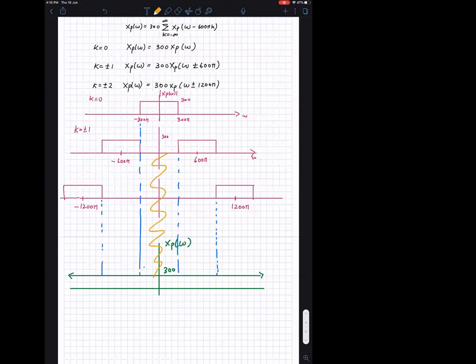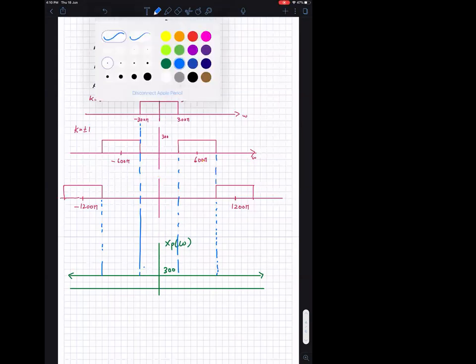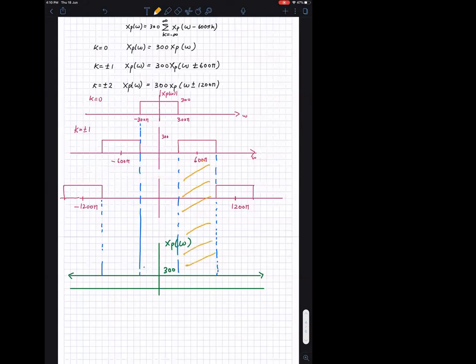The next one here is also 300. 0 plus 300 plus 0 is 300. The next one, you also write 300 plus 0 is 300. So if you repeat this for k up to plus minus infinity, you're going to get a band.